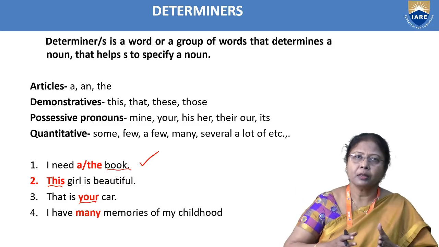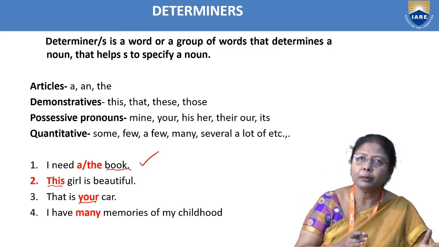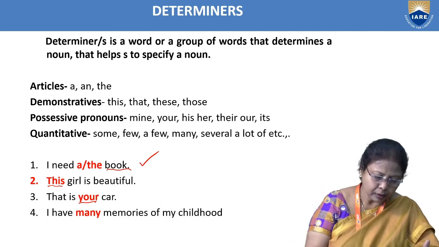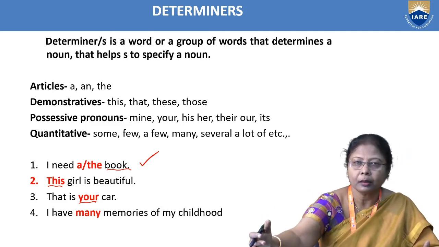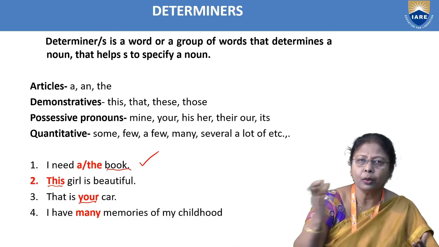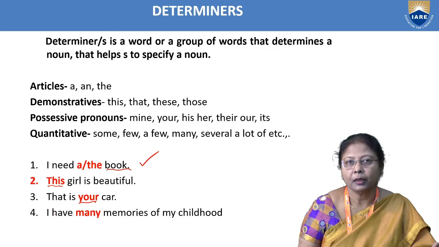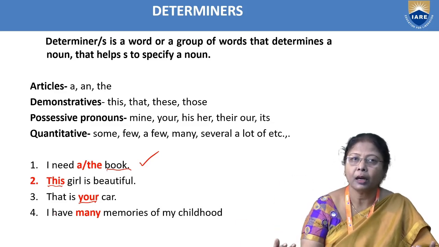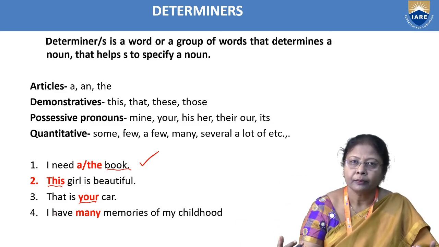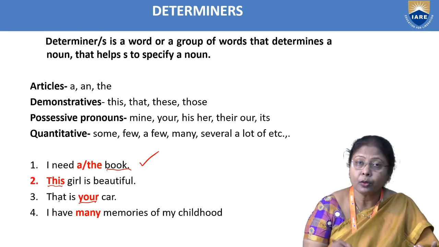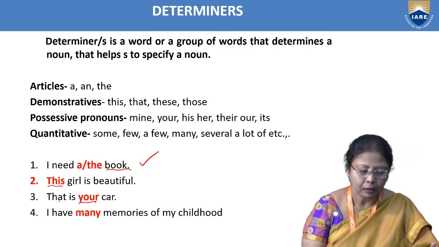These possessive pronouns also determine a noun. Here, that is your car means that car belongs to that person. We call that a possessive pronoun. That is his car. That car is mine. So in this way, these possessive pronouns also determine the noun.